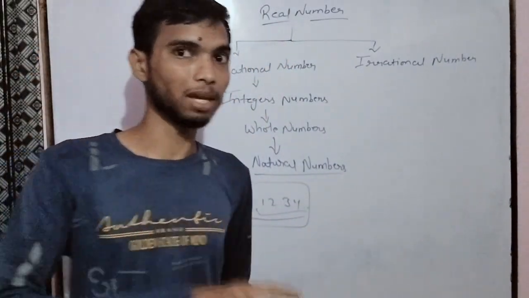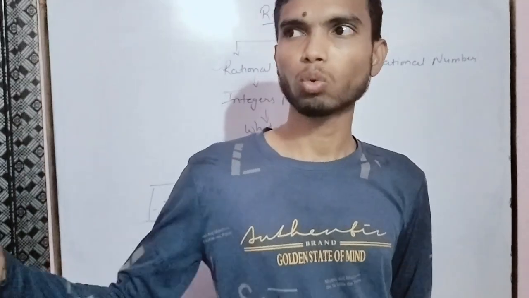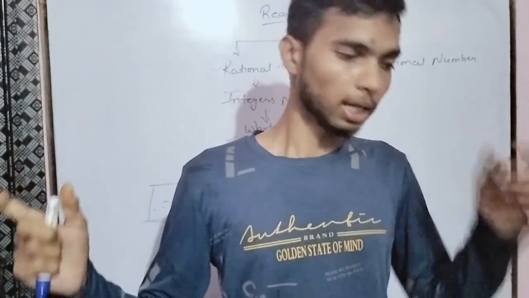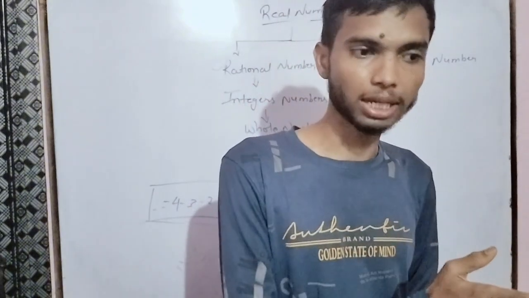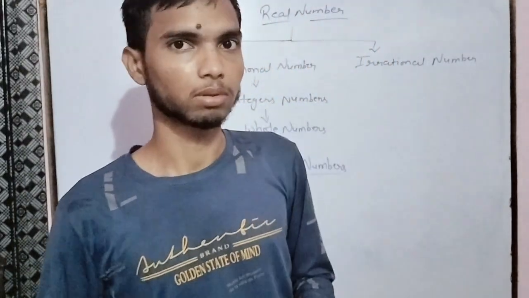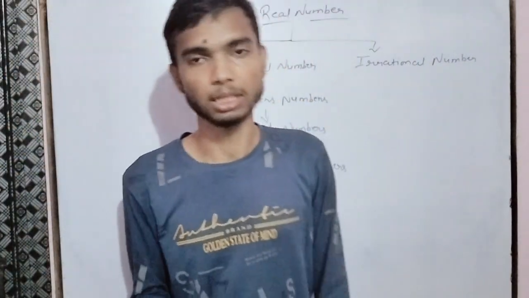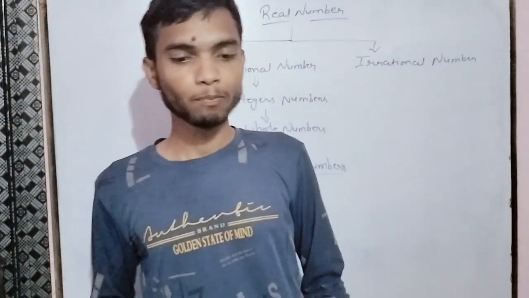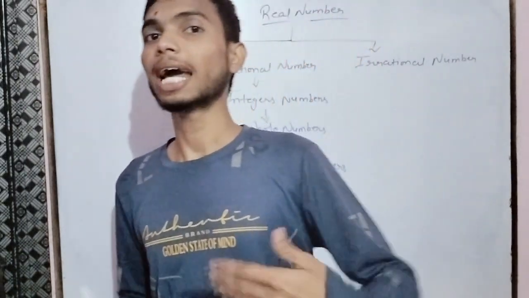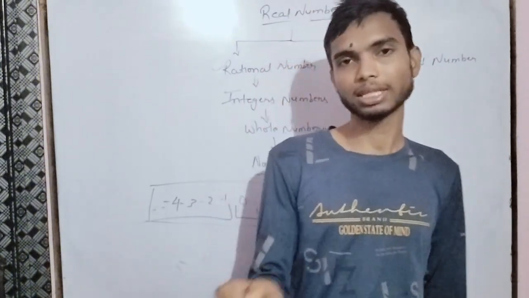Where P is an integer. When it comes to integers, you have to be clear that there can be 2, there can be -2, there can be -27, there can be 0. There is one condition in the definition of a rational number: P upon Q, where P is an integer and Q is also an integer. P can be 0, but Q should not be 0. This is one condition that you have to follow.